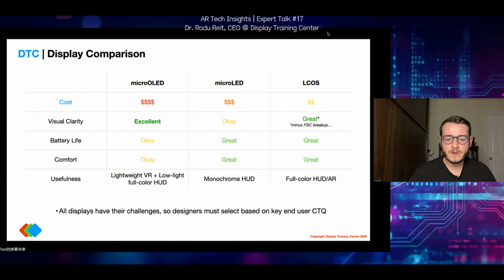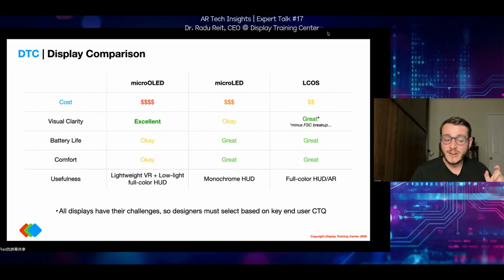And so this is where micro OLED in the far left column really has a challenge. It is currently some of the most expensive technology on the market. Again, because it's very high visual quality, there's certainly applications for this. And so the excellent visual clarity allows us to make things like these types of lightweight VR headsets or display glasses that I've talked about.